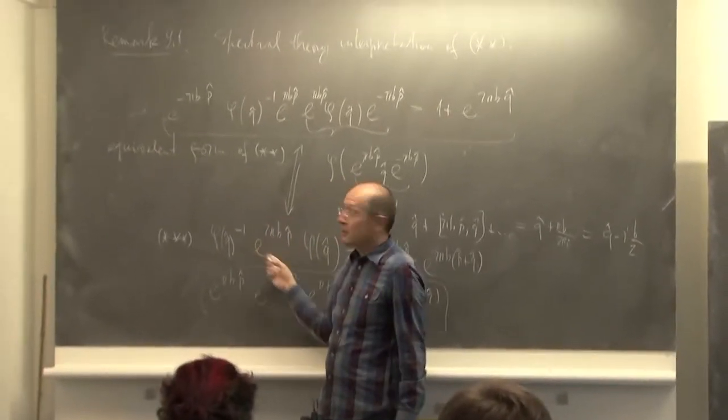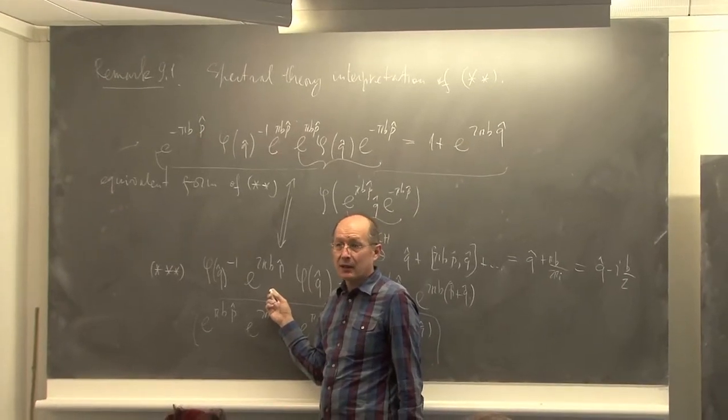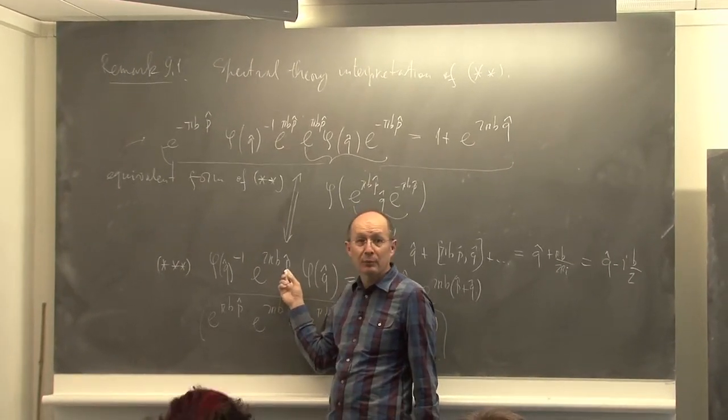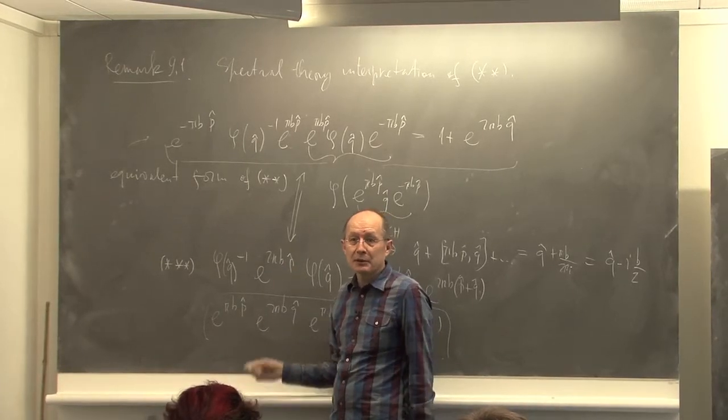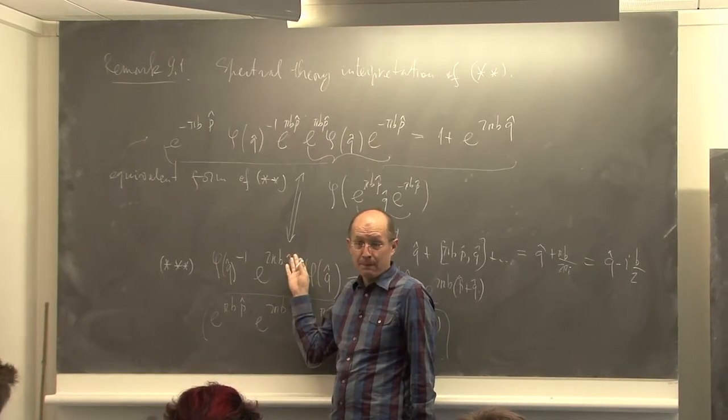Because, as I said, this exponential is easily diagonalized just by Fourier transform. So to write a spectral theorem, it's trivial here.